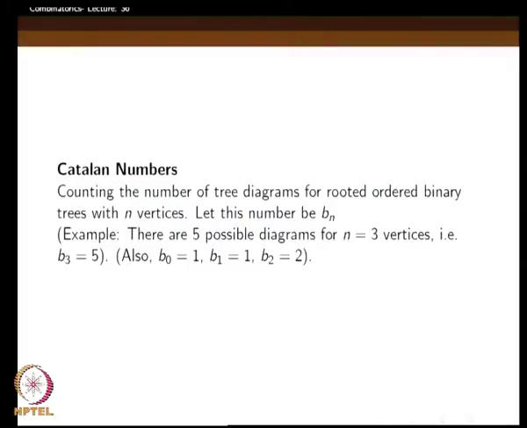If you search on the internet, you can see listings of problems where Catalan numbers happen to be the answer. And you can also see Stanley's book Enumerative Combinatorics for a collection of such problems.